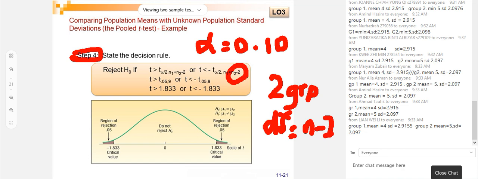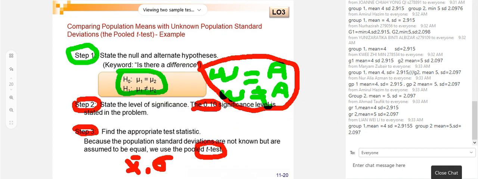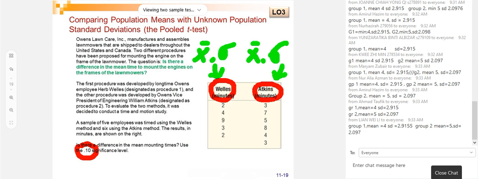Macam mana kita dapat 9? Kalau tengok group ni kan, tengok slide number 19. Data ni kita ada total adalah 6. Sorry, kita ada 5. Ini kita ada 5. Sini kita ada 6. So total adalah 11 kan?